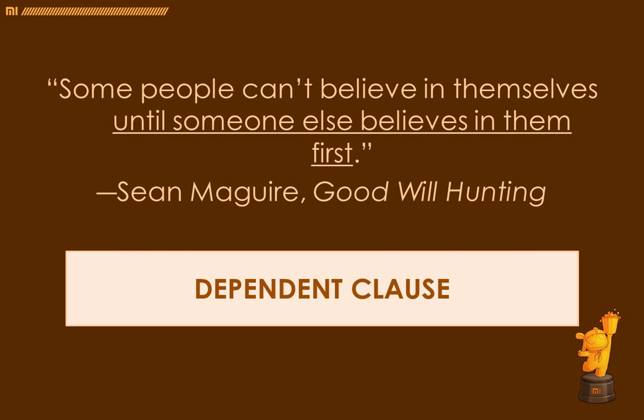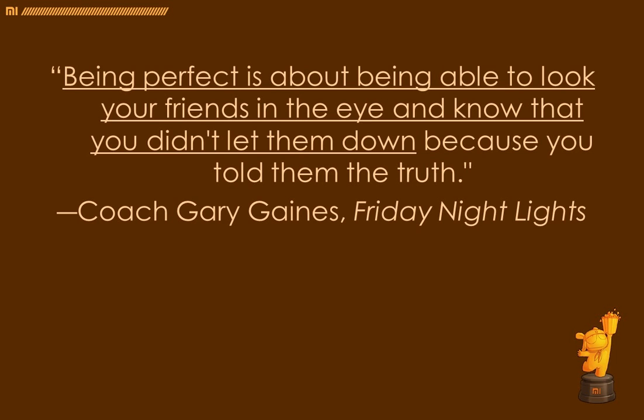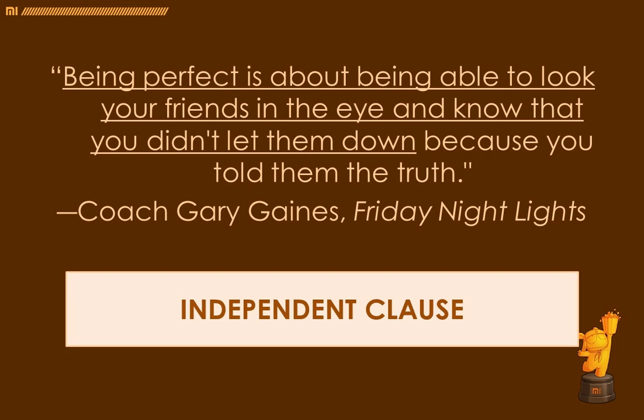Therefore, this is a dependent clause. Number 2. Being perfect is about being able to look your friends in the eye and know that you didn't let them down because you told them the truth. Since it was not introduced by a subordinating conjunction and it appears in the first part of the sentence, this underlined clause is an independent clause.